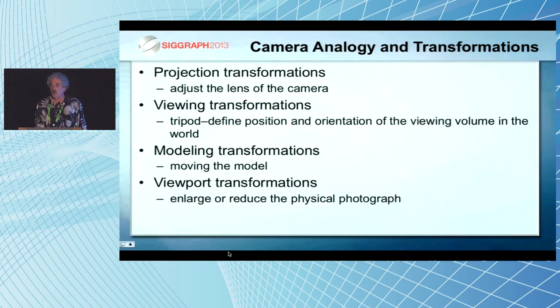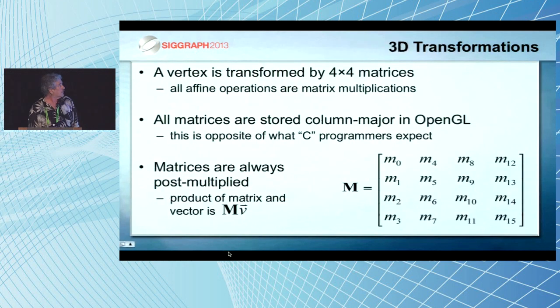If you think about placing a camera on a tripod, you have 6 degrees of freedom where you place it, and then you can rotate it in 3 independent ways. So that's essentially what the model view transformation does for you. And as we've said, the viewport says how big and what part of the screen you want to occupy. The modeling transformation takes the pieces that are predefined and brings them into your scene.